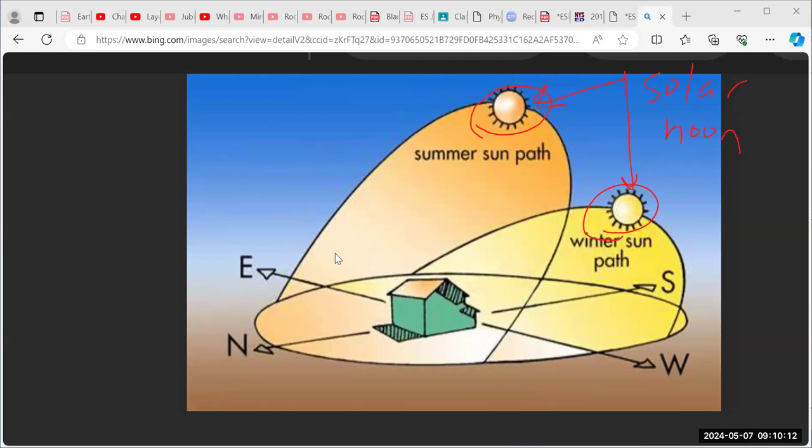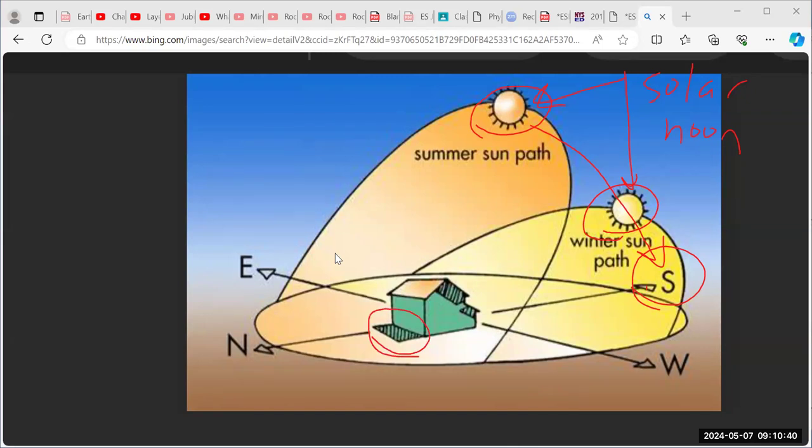Now, what do I know about the direction the sun is facing when it reaches solar noon? Well, it always looks as though it's pointing towards the south side, right? And so if the sun is facing towards the south side at solar noon, then that means your shadow has to be in the opposite direction.